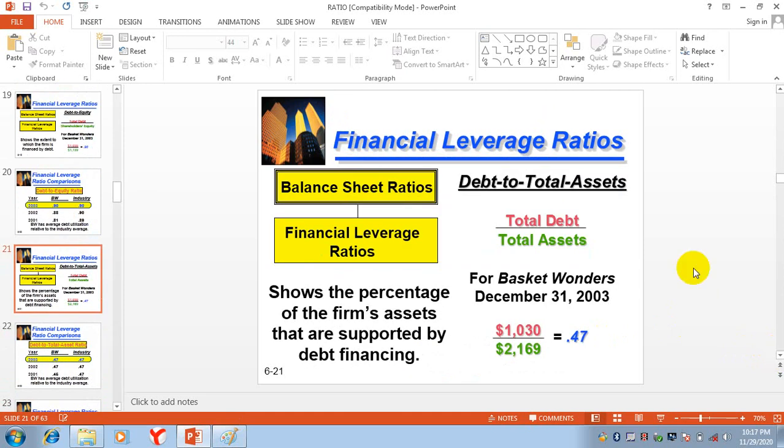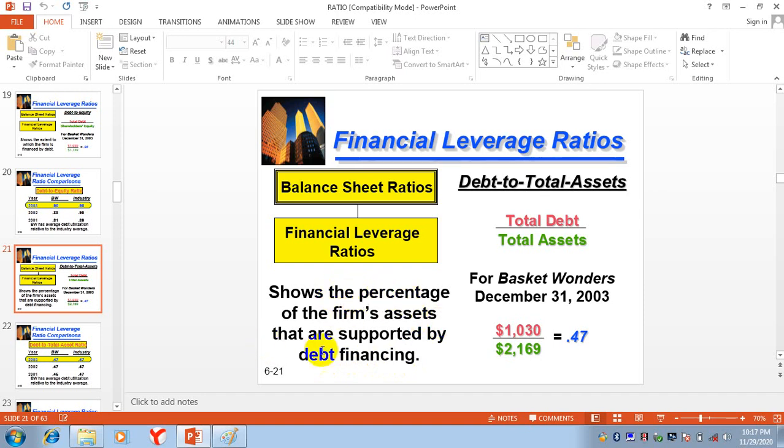Then in financial leverage ratios, there is another one, that is debt to total assets. It shows the percentage of the firm's assets that are supported by debt financing.